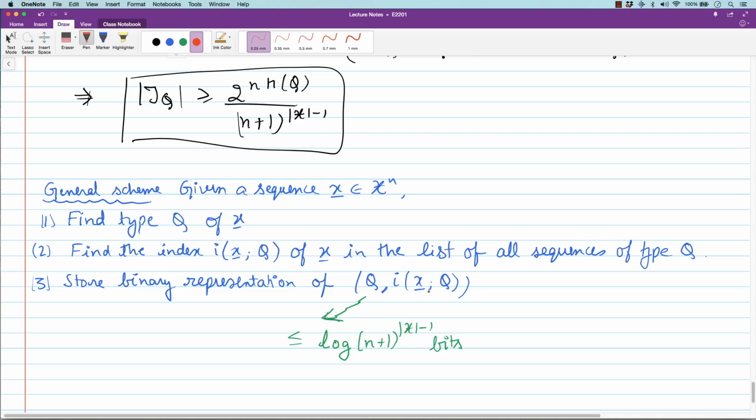How about the second part? Well, there are at most 2 to the power n H(q) sequences of this type, so you need less than these many bits for this part.